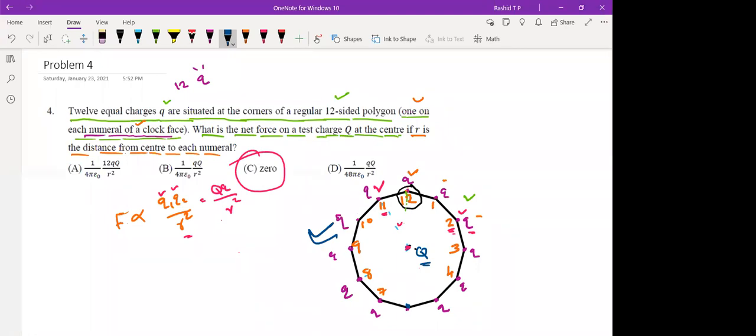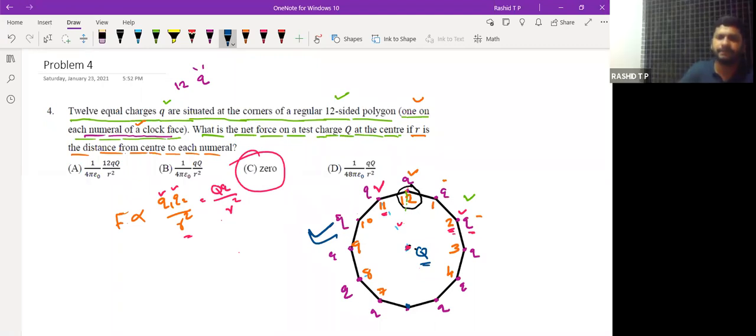The net force corresponds to the removed charge into the center charge by R square. Yes, 1 by 4 pi epsilon. Yes, exactly. Just now we have seen that if one more charge was here, then all the forces will cancel, and the net force on the charge will be 0. Here, if one charge is missing from this point, then you have all the 11 charges.